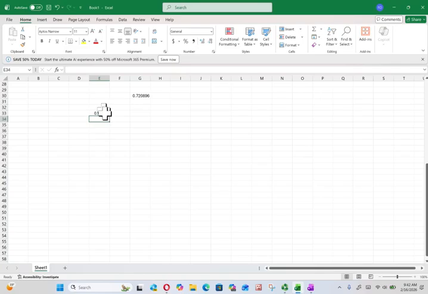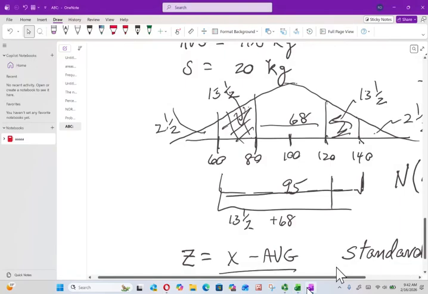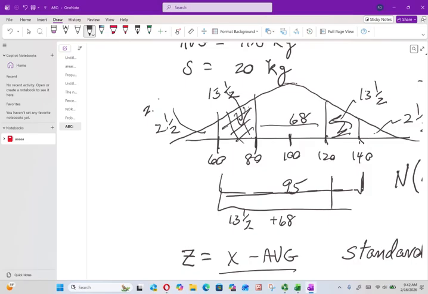And the probability of a value less than 60 coming from the left is actually 0.023. What did I tell you it was? 60 is really 2.3%, not 2.5%.